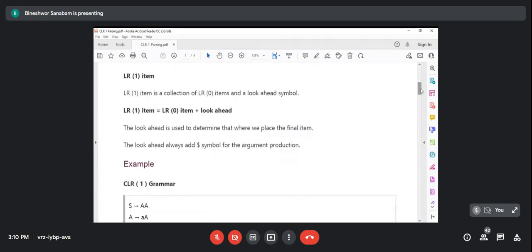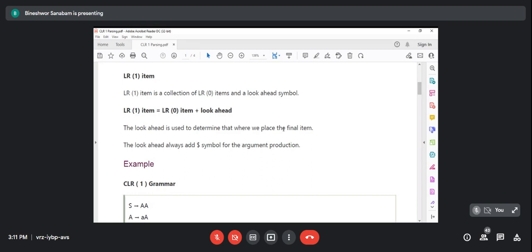So the first thing is, what is this LR1 item? You know what an LR0 item is, right? Anyone? What is an LR0 item? It's a production where you have a dot symbol in the right side of your production. The dot can be anywhere in the right side of the production.